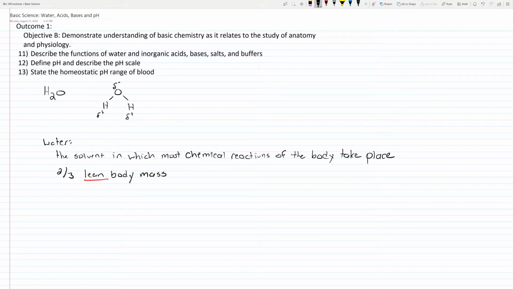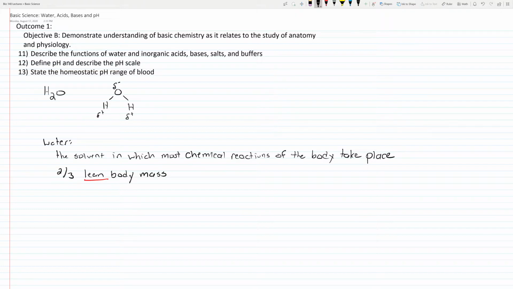If you have somebody who has normal body weight, like this 70 kilogram male, 2/3 of their body weight is water. When you get heavier, when you start to add more adipose, more fat onto the body itself, the water ratio actually changes because adipose tissue doesn't have much water in it.